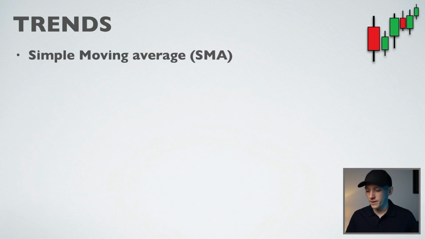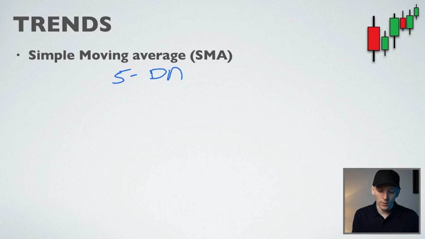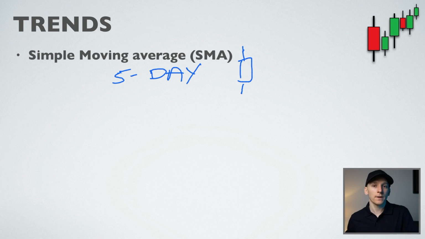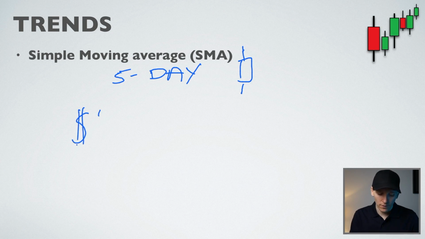So what I'm going to do is just show you how a moving average is made, right? So let's take a 5-day. So we know that each candlestick is going to be a day, okay? But it can be a period. So if you have 5-minute candlesticks, this would be a 5-period moving average. So the way that this would be done is that you have prices, right?